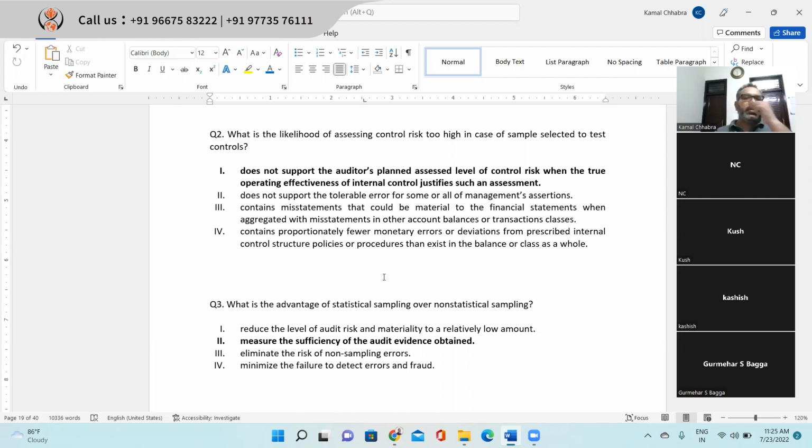Which one results in assessing the control risk too high, and why?